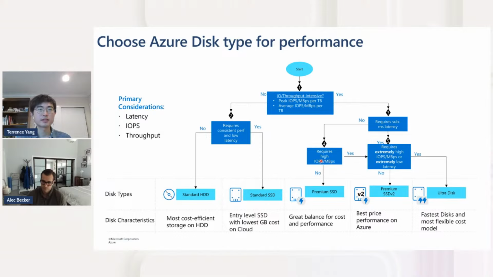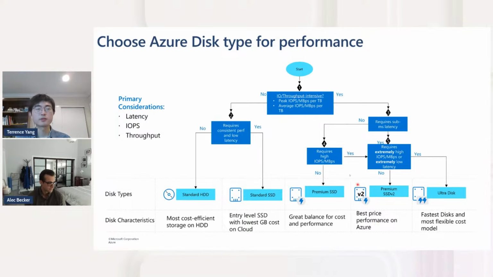If it does not, then you can use premium SSD. If it requires high IOPS and Mbps with sub-millisecond latency, you have to check if you need extreme performance for your application or not. Then you can decide whether Ultra Disk fits you as the fastest disk, or if you choose Premium SSD v2 as the best price performance on Azure.